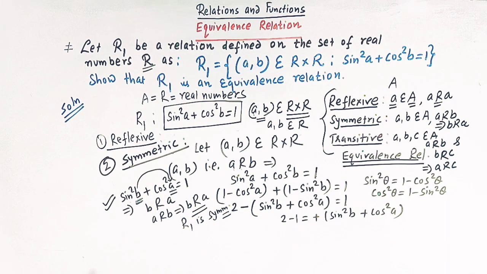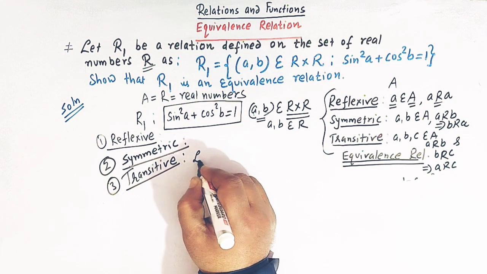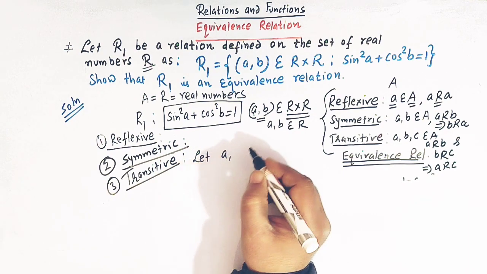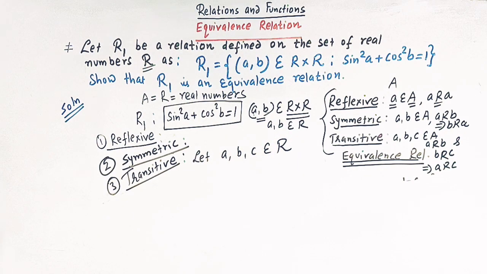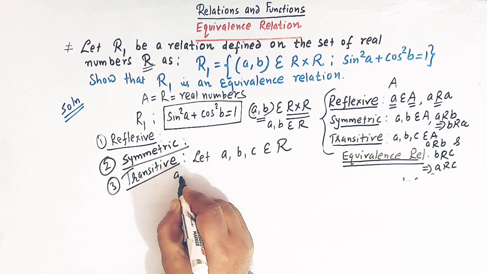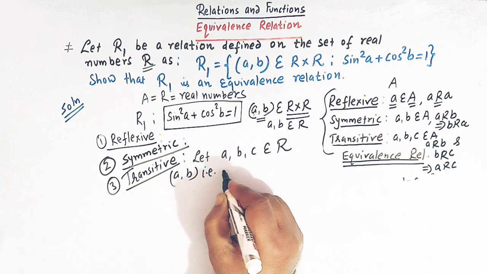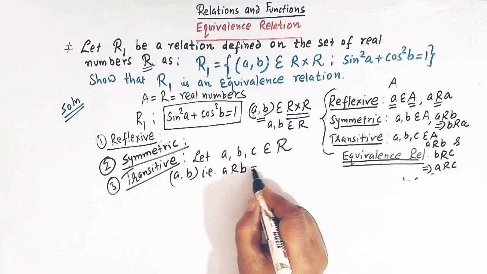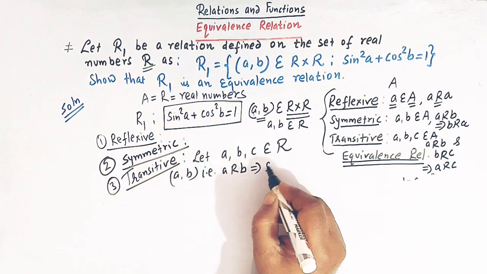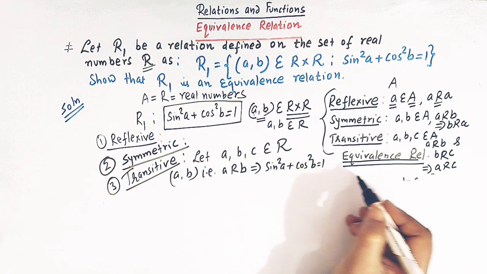So now let us consider the transitive relation. For transitive relation, let us consider three real numbers A, B, C belonging to the set of real numbers, right? Now when we take the ordered pair A comma B, it means A is related to B. When A is related to B, then we have this relation, that is sine square A plus cos square B is equal to 1, right?